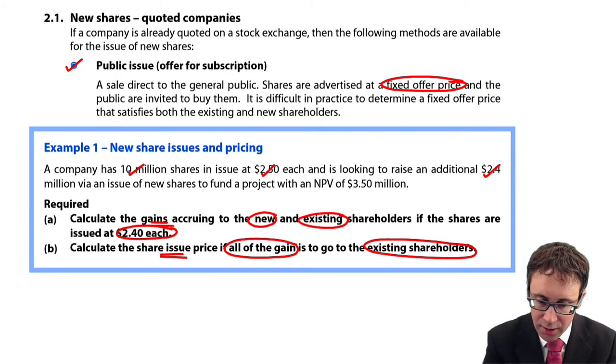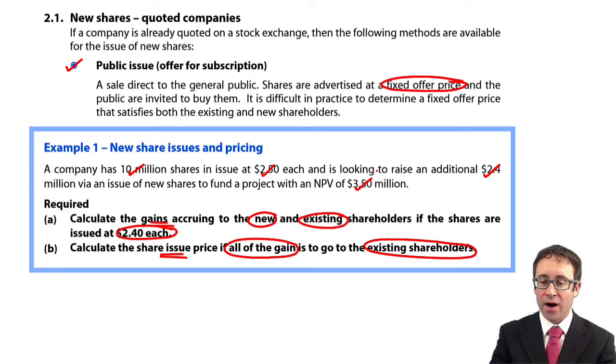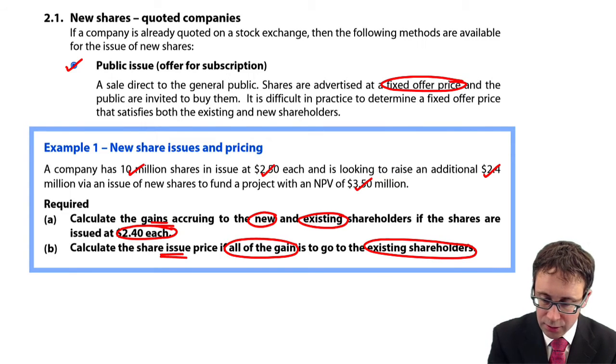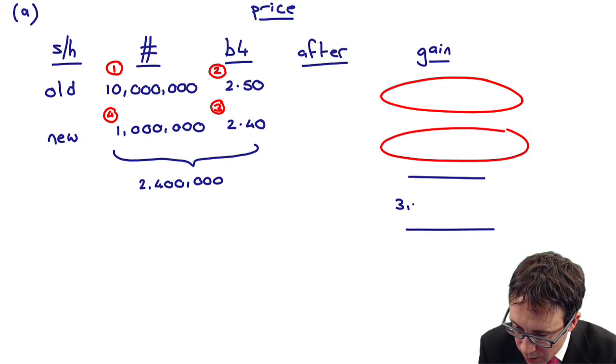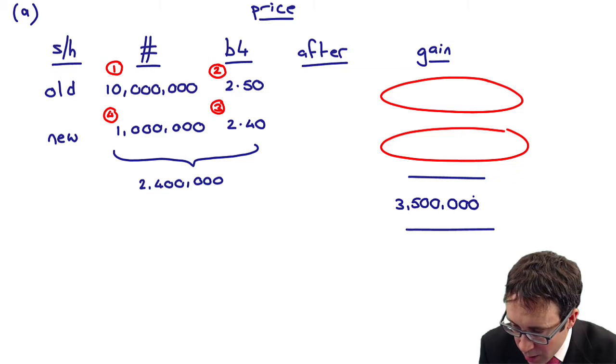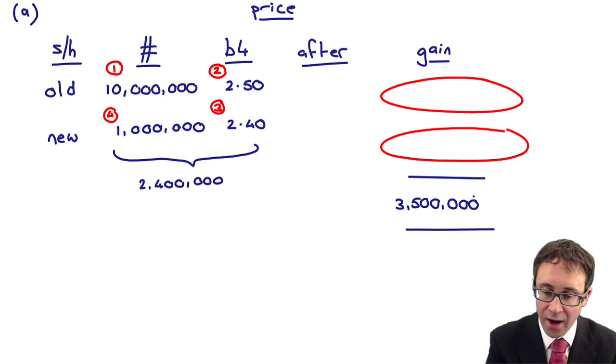Let's read on. What else have we got? The money from the new shares is going to fund a project with an NPV of $3.5 million. So what we have there is that the total gain needs to be $3.5 million.